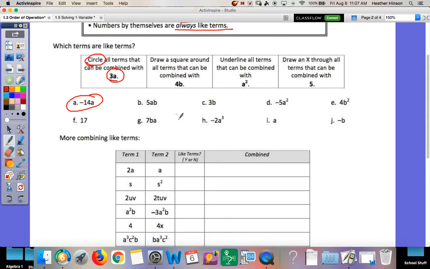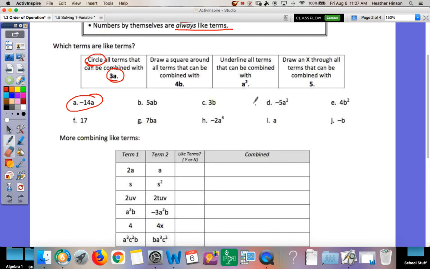What else has an a? D has an a, but this is not a like term. Why? Because it's got an exponent. It has to be the same variable and the same exponent. What else has an a? G has an a, but again, it's got an extra variable, so that doesn't count.